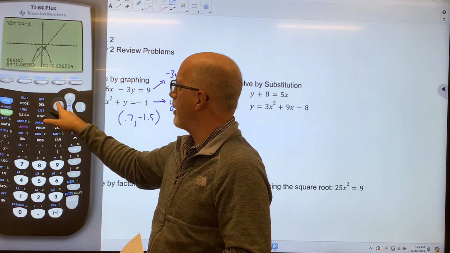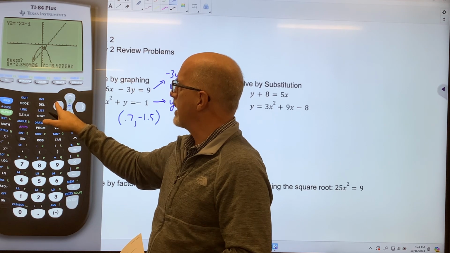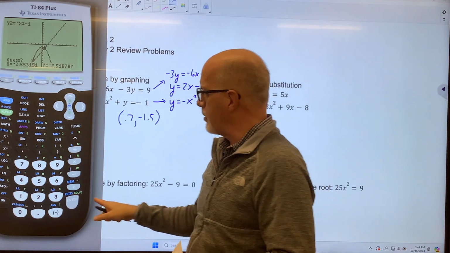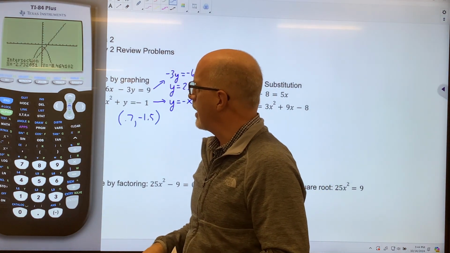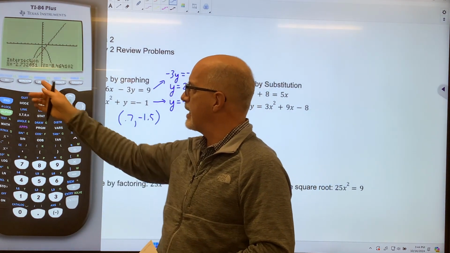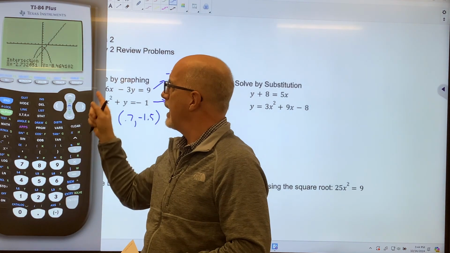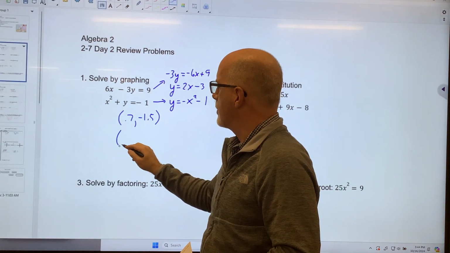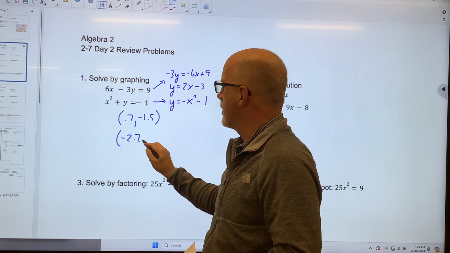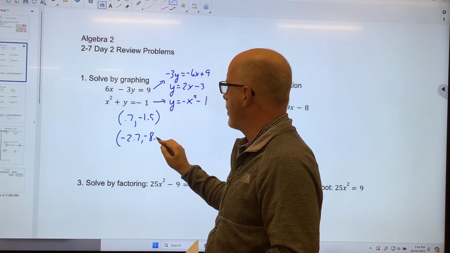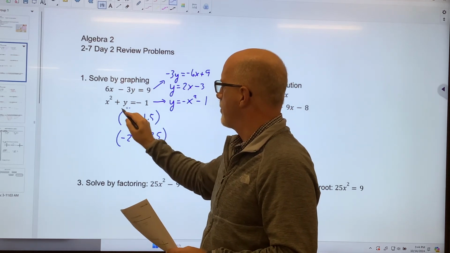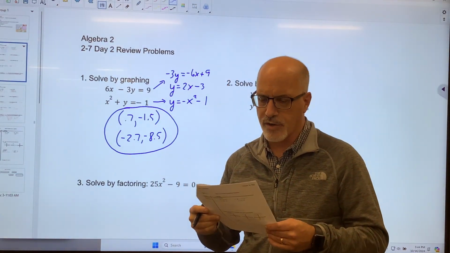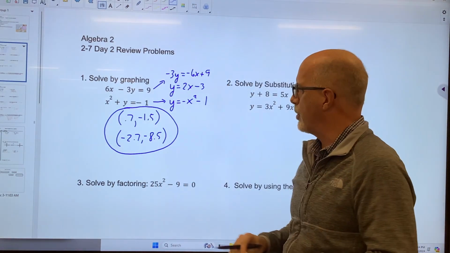Don't use the up and down ones, just right or left, and get that cursor over close to where the second intersection point is. Hit enter, and for this I get negative 2.7 and negative 8.5 for my x and y. So negative 2.7 and negative 8.5, my two points of intersection. That's using our graphing calculator and the graph to get those intersection points.